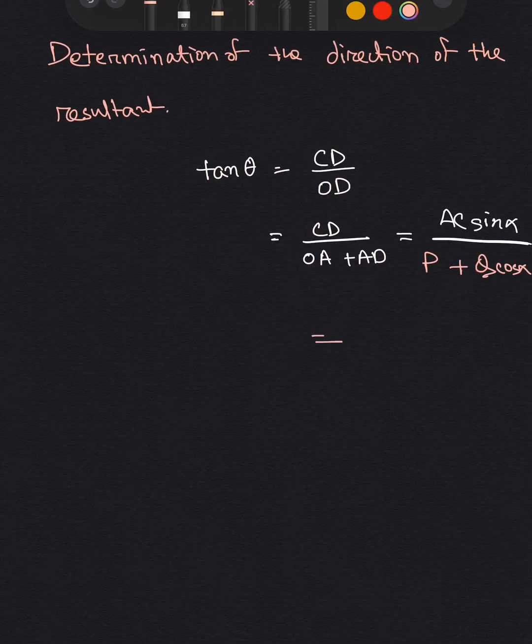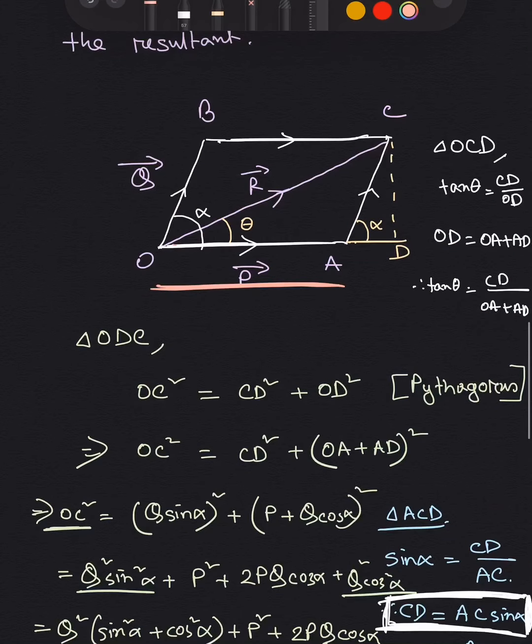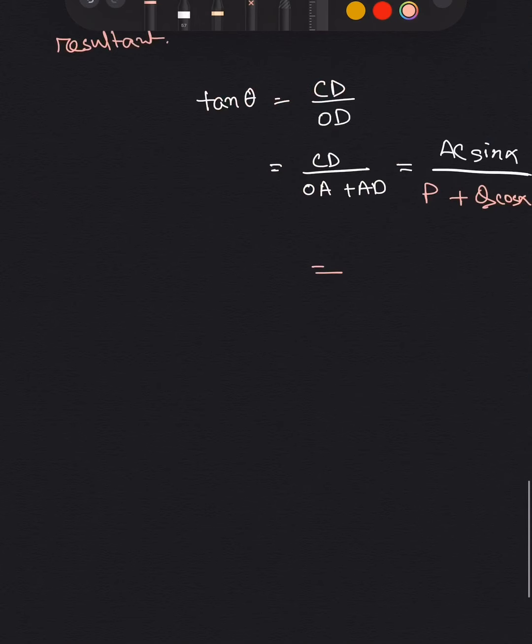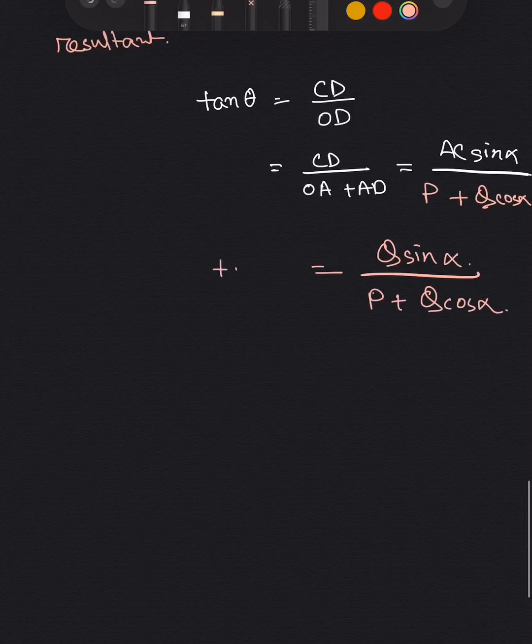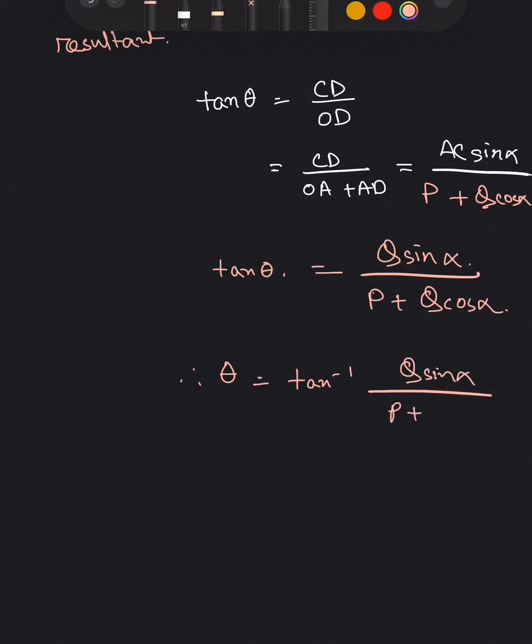So we know the value of AC. What is AC? AC is denoted by the Q vector. So tan theta equals Q sine alpha divided by P plus Q cos alpha. Therefore, theta equals tan inverse of Q sine alpha divided by P plus Q cos alpha.